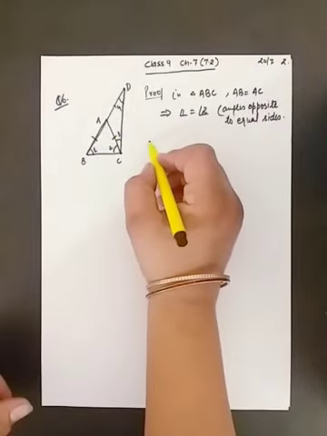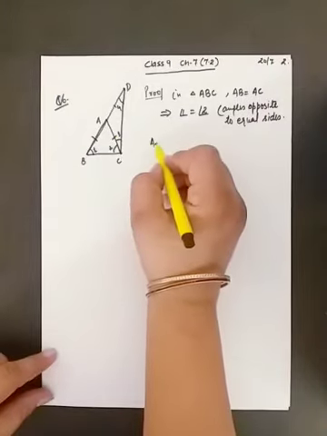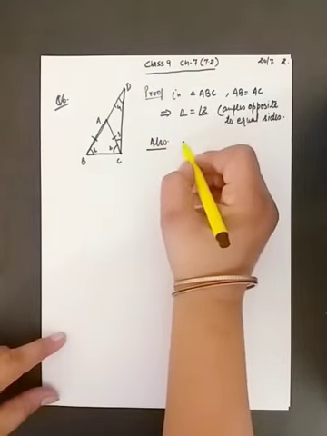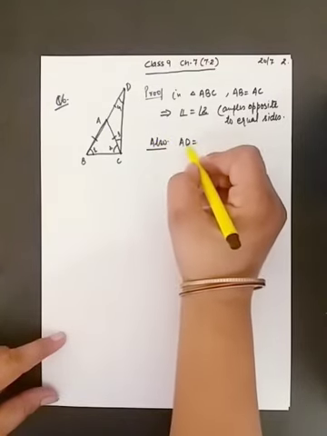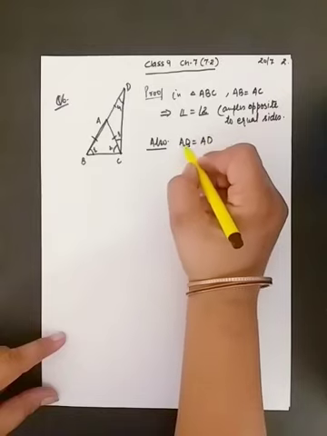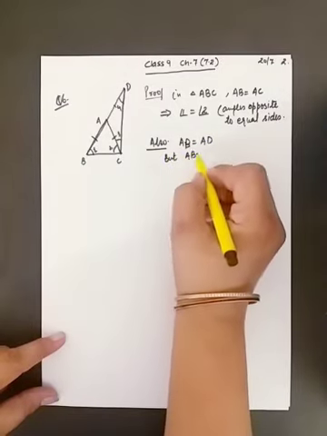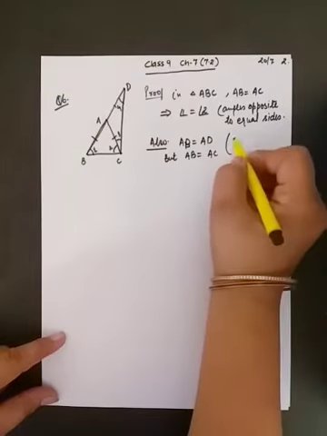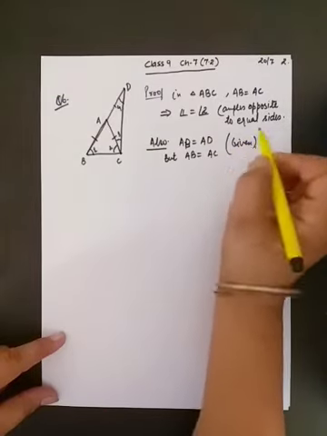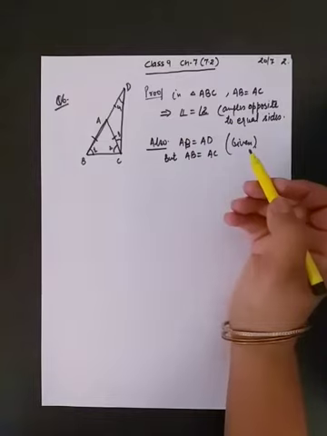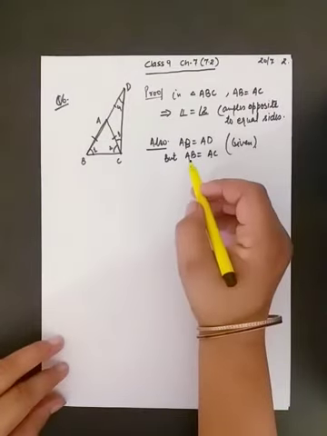Similarly, also AB is equal to AD, but AB is equal to AC. These two are given. Now we can see both the sides AD and AC are equal to AB.